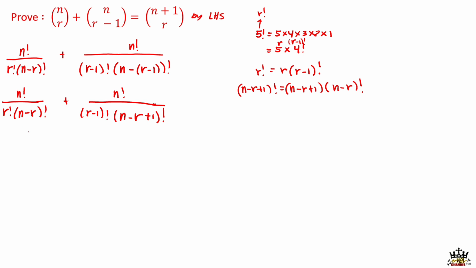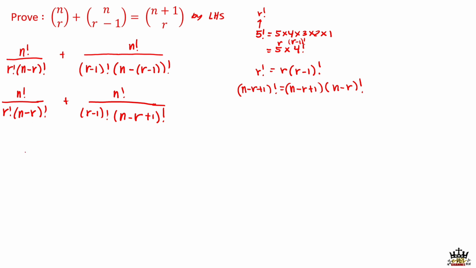Therefore, applying that idea on the denominators: to get r factorial, multiply r minus 1 factorial by r; to get n minus r plus 1 factorial, multiply n minus r factorial by n minus r plus 1.